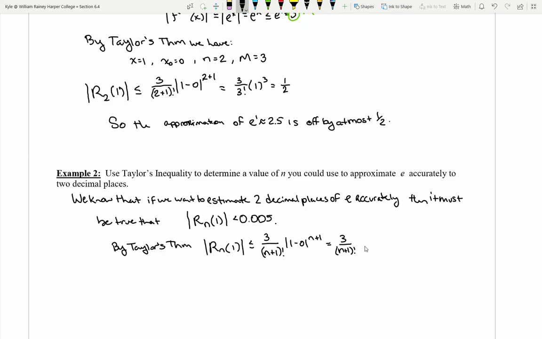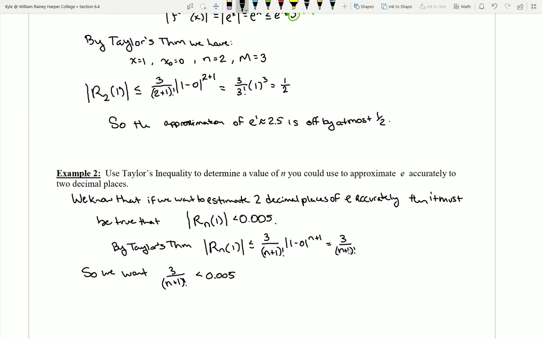But if I want this above statement to be true all the way over here, then I can start to think about how I can make that happen. I can state that if I want my remainder overall to be less than this 0.005, I can then say that we want this 3 over n plus 1 factorial to be less than 0.005.